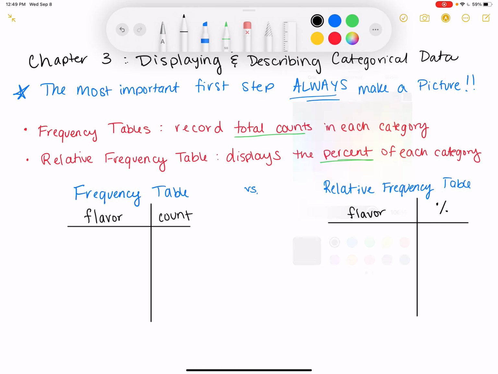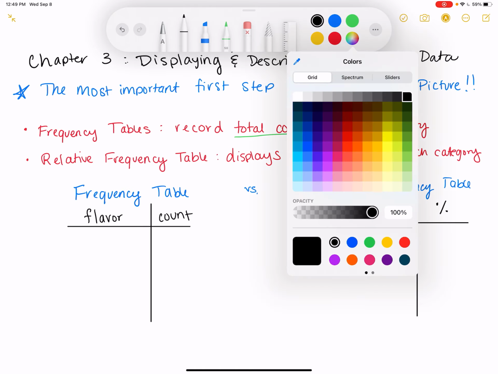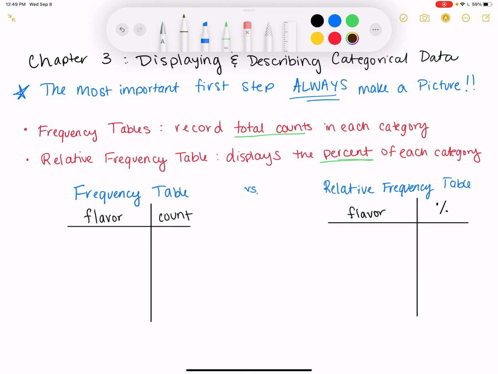So I'm going to try to color code things here a little bit, if I can. I don't know how well it's going to show up, but chocolate. And just since I'm dealing with the colors, I'm going to make the whole table and then we'll talk about it. There's going to be 18.